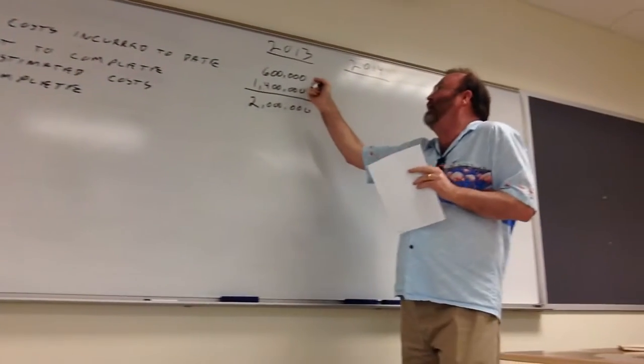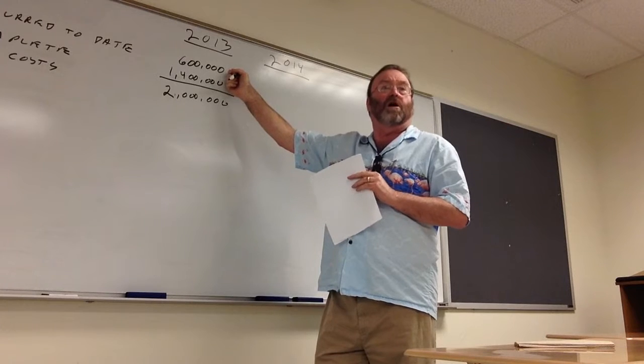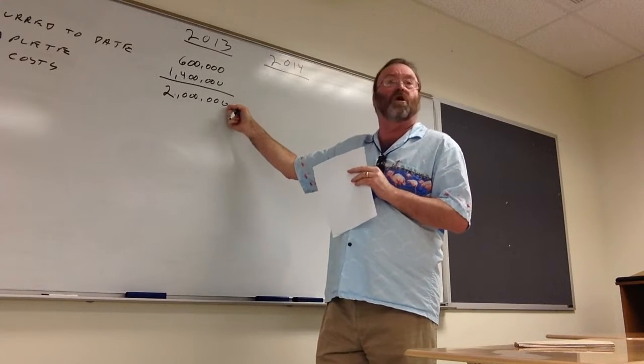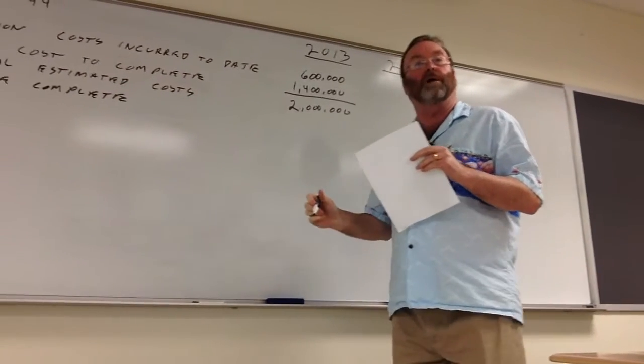If you divide the $600,000 incurred thus far by the expected total cost of $2 million, you get how much complete?